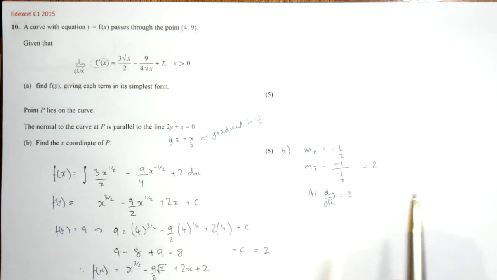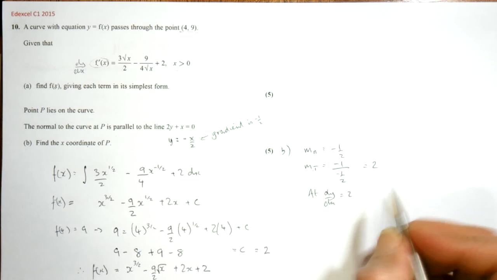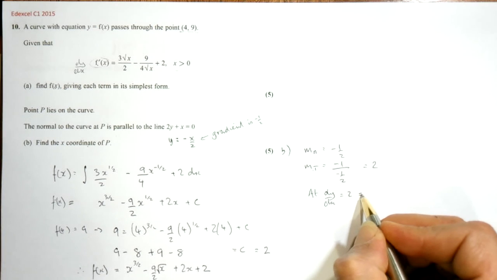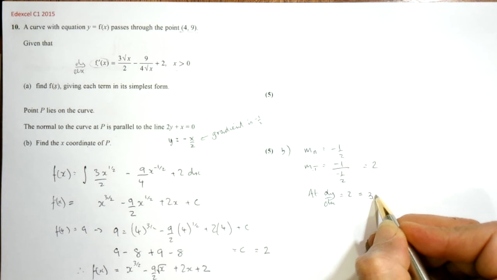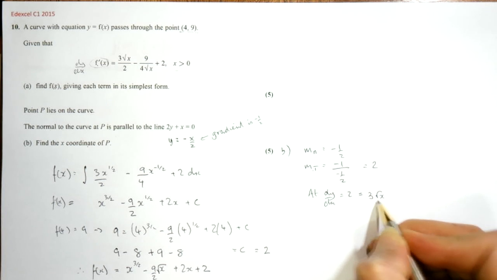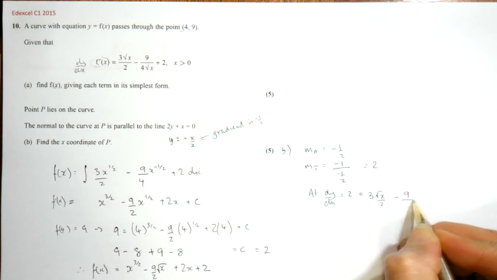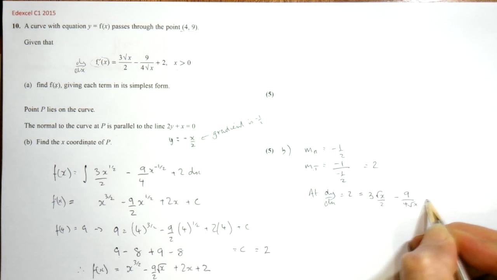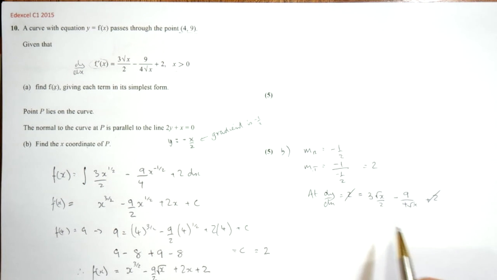So the gradient of the tangent of the curve is 2, so the gradient of the curve at that point is also 2, and that will be equal to 3 root x over 2, take away 9 over 4 root x, add 2, so the 2s cancel. So this is equal to 0 now.